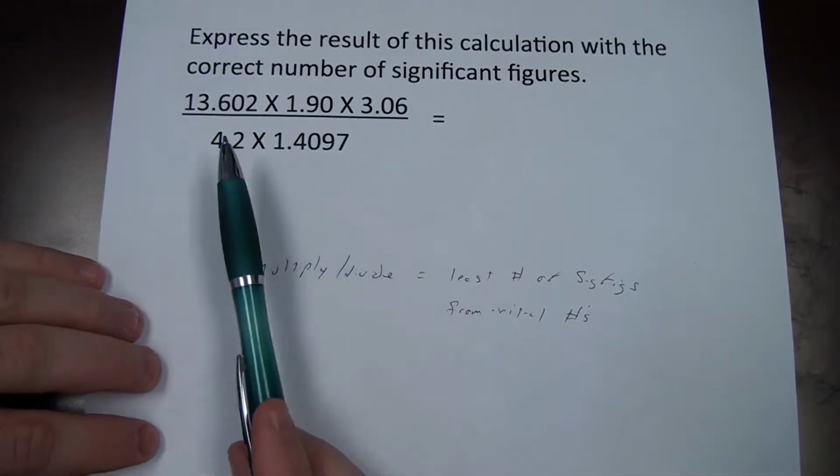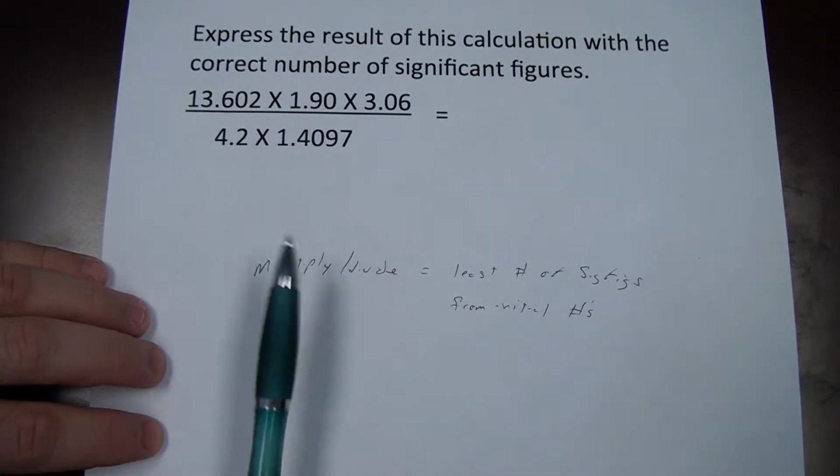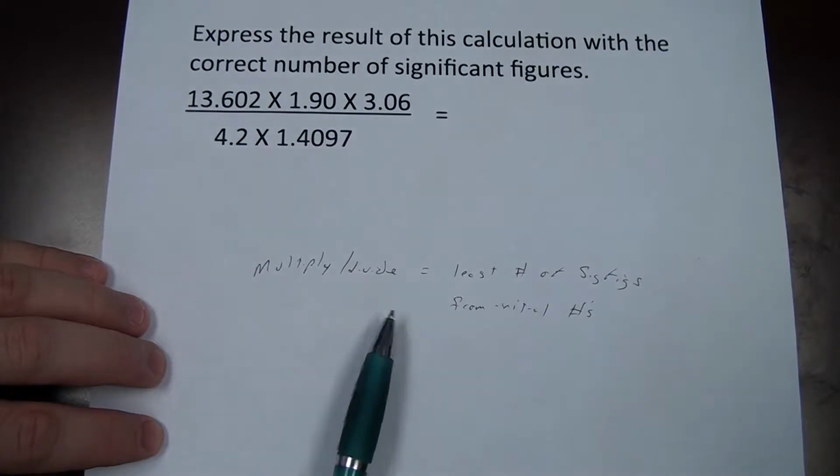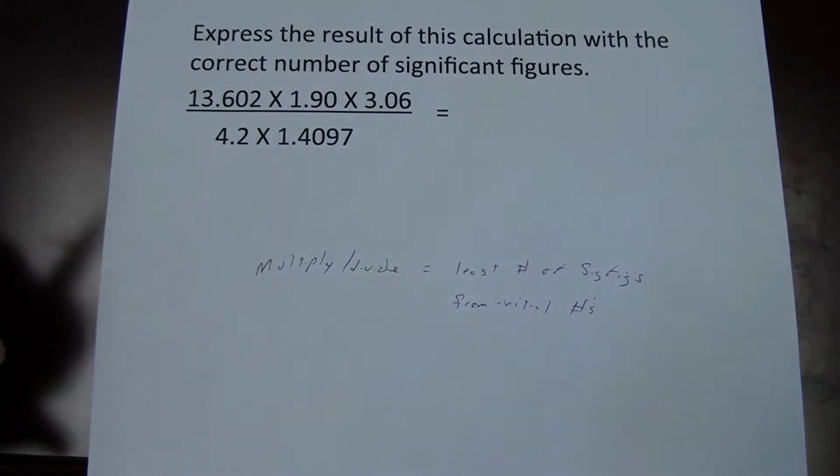So if we go back up here, we have to figure out how many significant digits are present in each one of these numbers, and then since we're multiplying and dividing, the smallest number is going to give us the number of significant digits we should have in our answer.